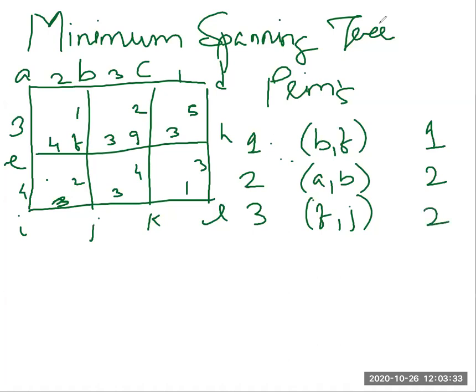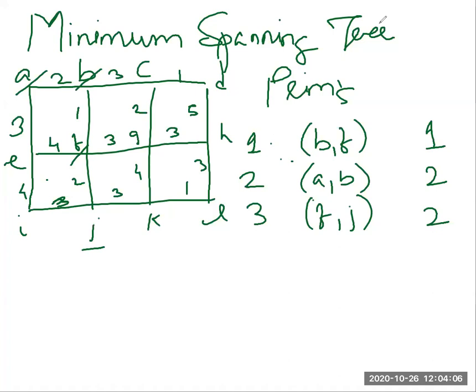Now, which vertices have we considered? So we have considered J, F, and A. Now, consider the edges which are incident on A, B, F, and J, and out of that, try to find the minimum. So, edges incident on J are IJ, JK, edges incident on A are AB and AE.